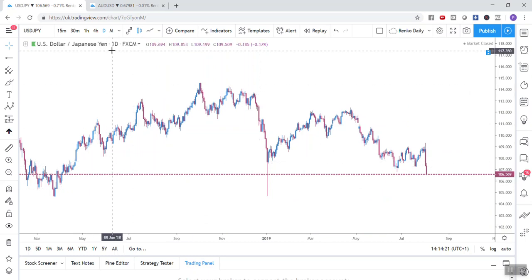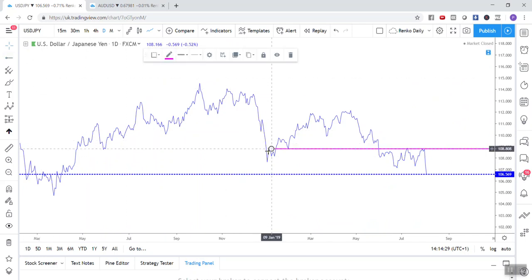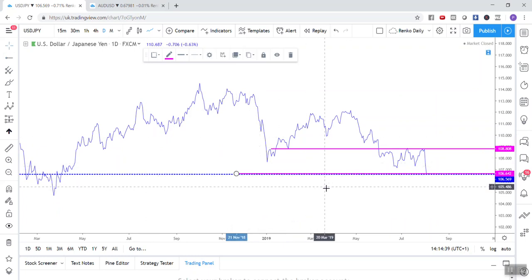So we can mark our high, we can mark our low, but our low hasn't finished yet because it's still dropping. We haven't got a swing low.